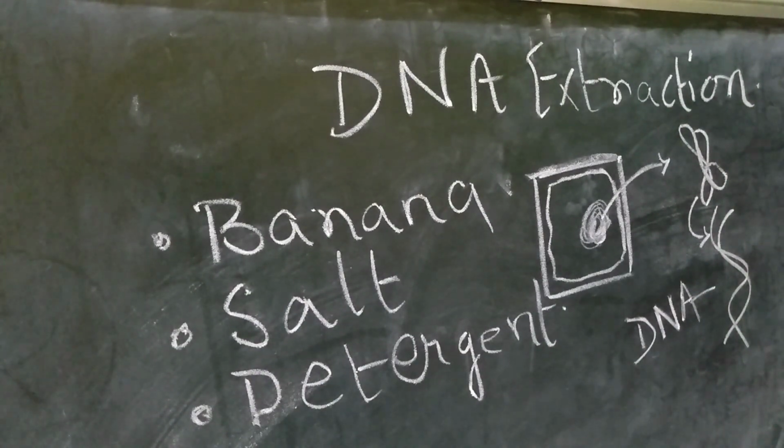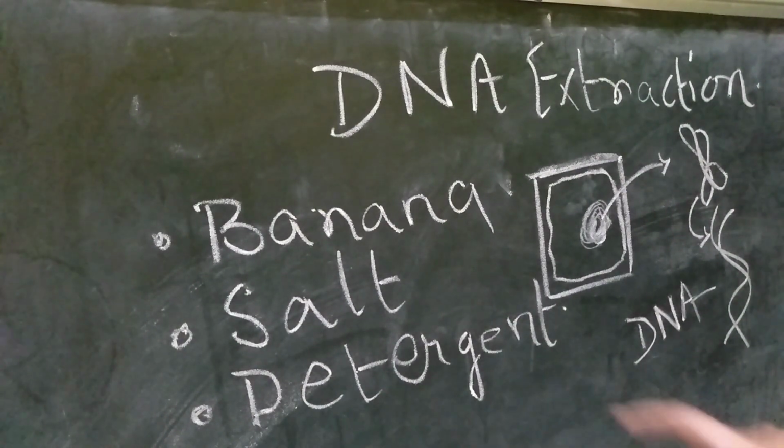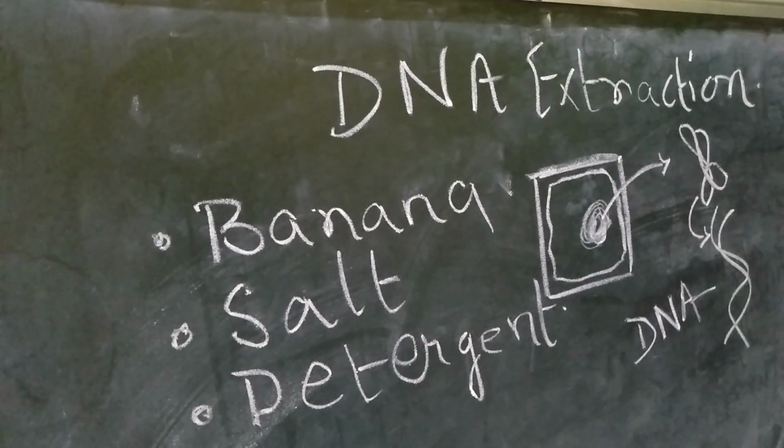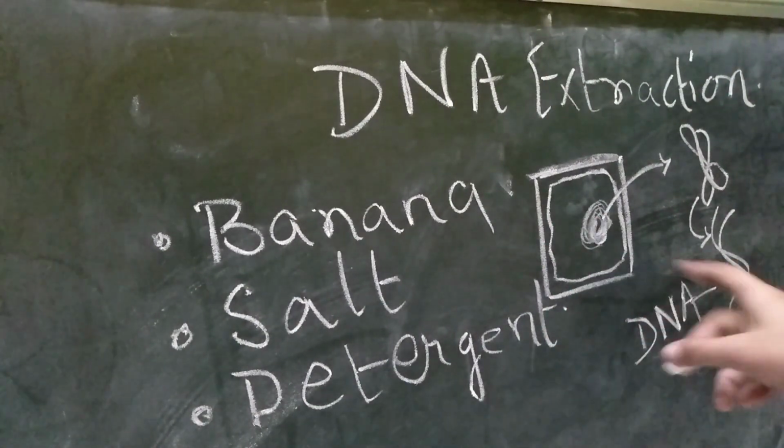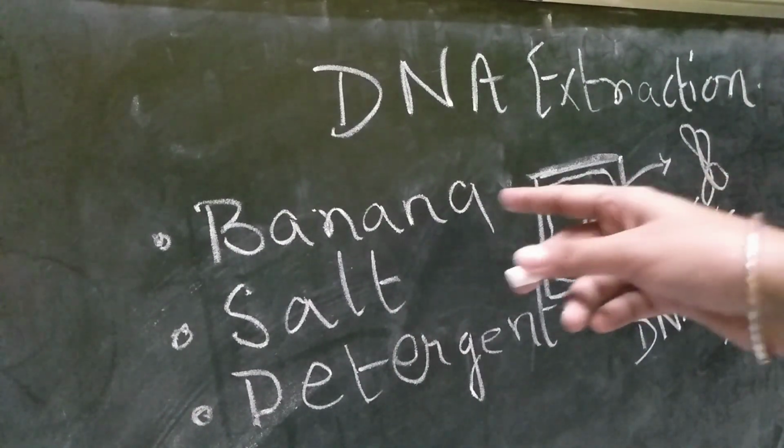For that you need something that does the function of lysis. So we are taking the detergent, because the detergent is alkaline in nature, so it can easily degrade the cell wall present in the banana.